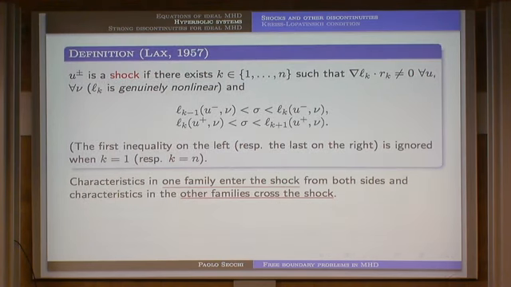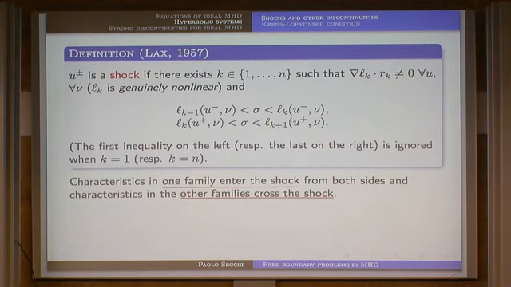So, this is the definition of a so-called Lax shock. U plus/minus is a shock if there exists a family of eigenvectors, characterized by the index k, such that the gradient of L_k dot R_k is never 0, it is always different from 0, so L_k is genuinely nonlinear, in the terminology also of Serre last week.